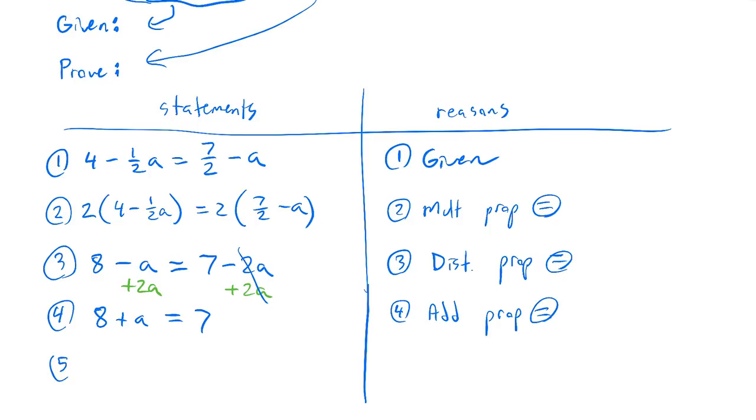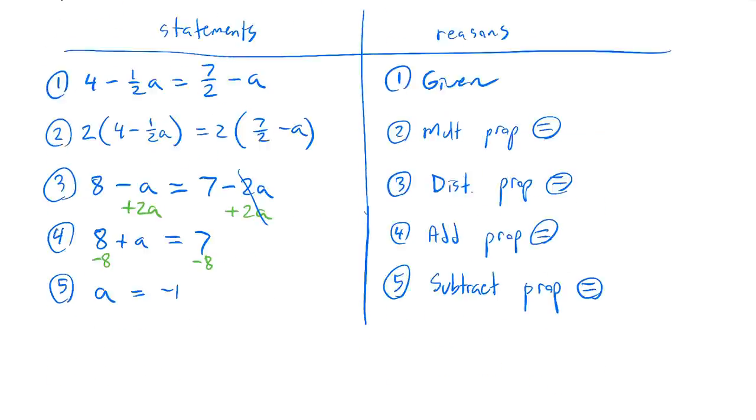And then step 5, we're going to do the same thing with the numbers. So let's get rid of that 8 over there. Okay. And then, oh my gosh, we don't even need a last step. So A is equal to -1. We don't even need that last division property of equality. That's almost always there in algebra. So this one was just the subtraction property. And again, I'm not writing sub because that could be substitution. So that's the subtraction property of equality.